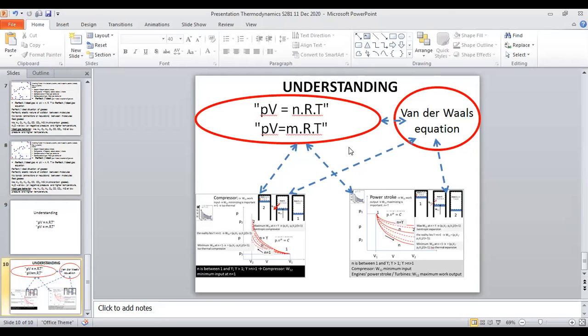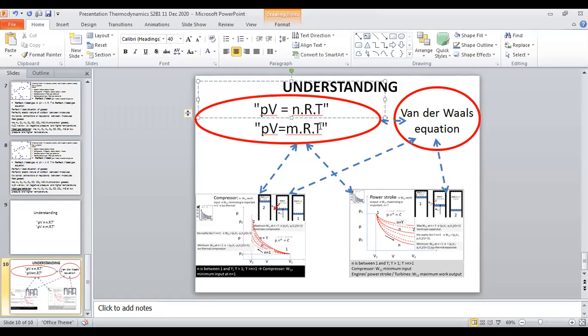Then understand this nature of gases by knowing this PV equals nRT and PV equals mRT. Okay, that's a big difference. Even if you see some similarities, yeah. The difference you can see in n and m and these R's.